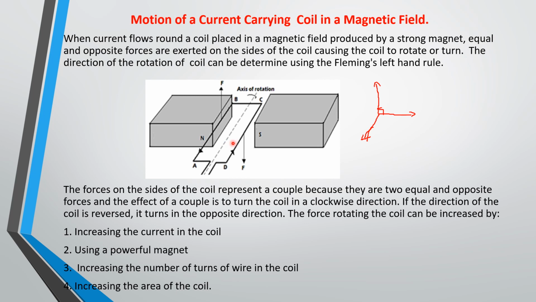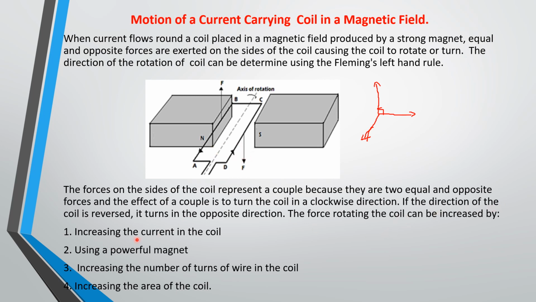Simply put, side AB will come up and side CD will move down. Is that okay? So that is how it will rotate. Side AB experiences an upward force, while side CD experiences a downward force. So the equal and opposite forces that form a couple will cause this coil to rotate in a clockwise direction.